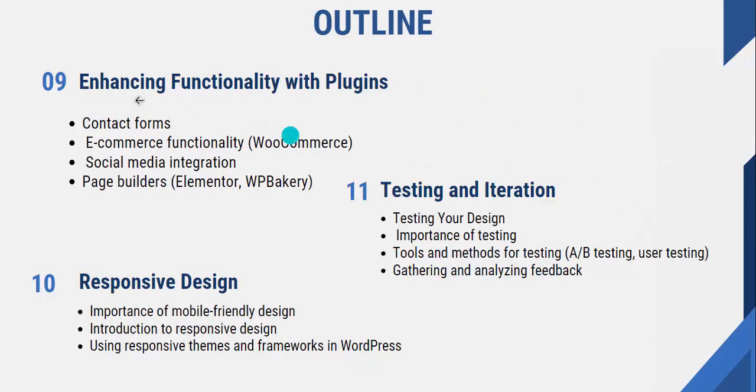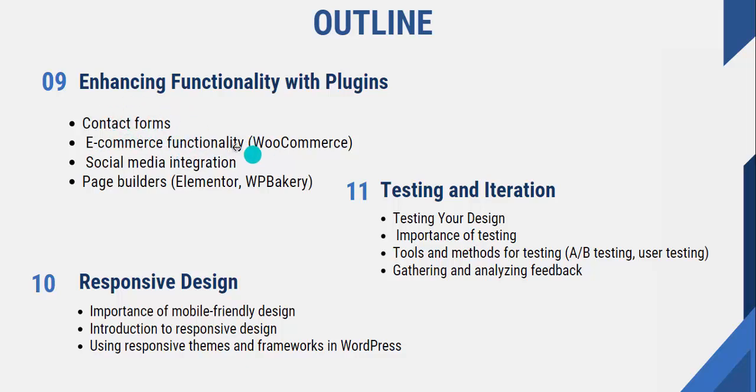Now that takes us to module 9, enhancing functionality with plugins. We have plugins like contact forms, which you can use to create all forms of forms. We have different forms, Gravity Forms, Ninja Forms, Contact Form 7, and so on and so forth.